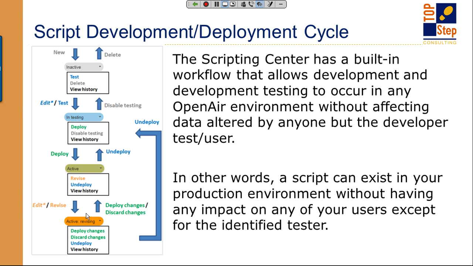And then once it is deployed, if you need to edit it, you can leave it deployed while you make changes. And so you'll basically have two versions running on your server. You'll have one that's deployed and one that is not. And the version that's not deployed, you can test even though the deployed version is still running. So that's a useful feature of this workflow.